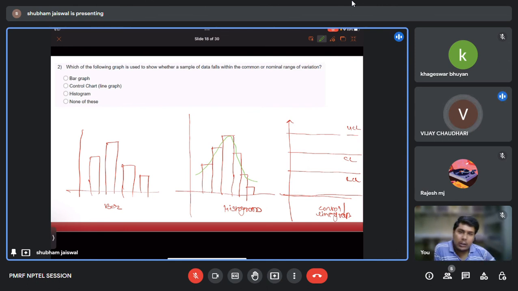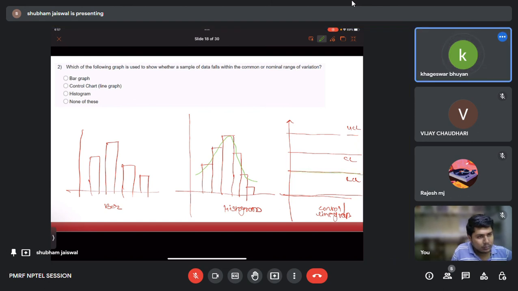So now answer this question. Vijay is saying control chart. Is there any other opinion? Control chart, common nominal range. Okay.